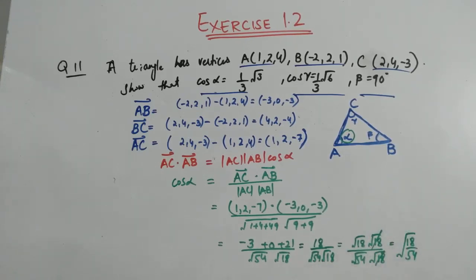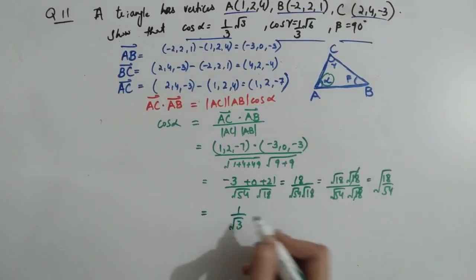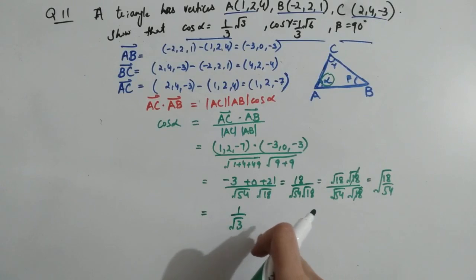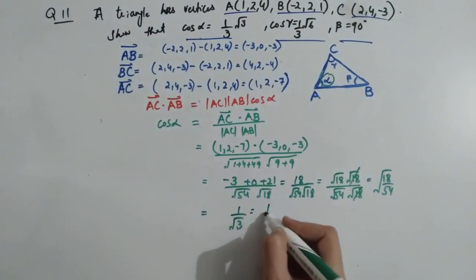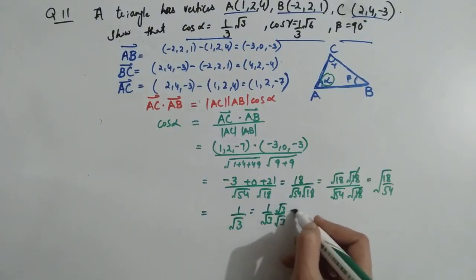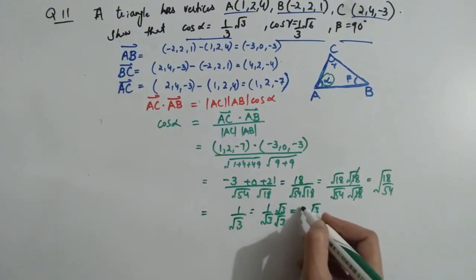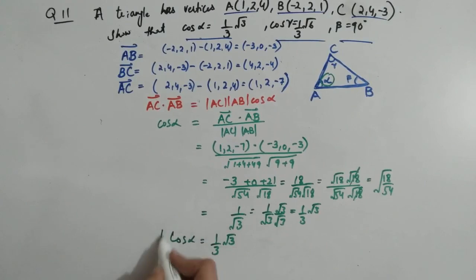After simplification, this will get you the answer 1 over square root 3. Now to get the answer like this, you can write 1 over square root 3 and multiply and divide it with square root 3, you get square root 3 over 3 square root 3. So cos alpha equals 1 over 3 square root 3.